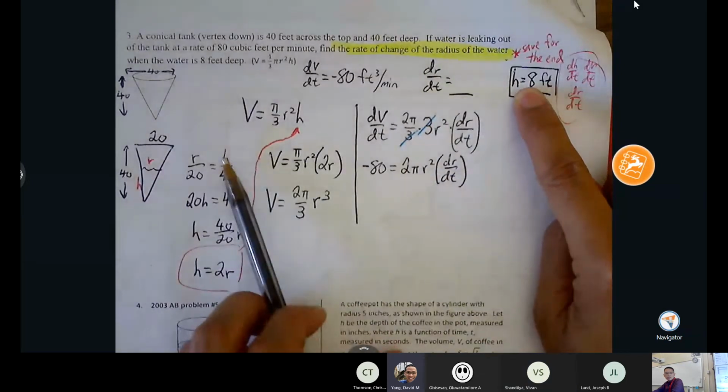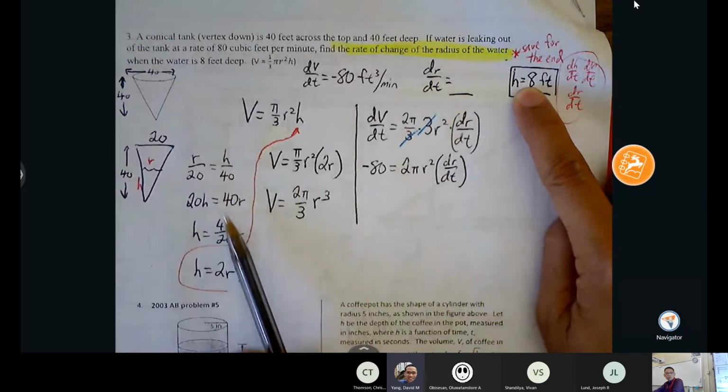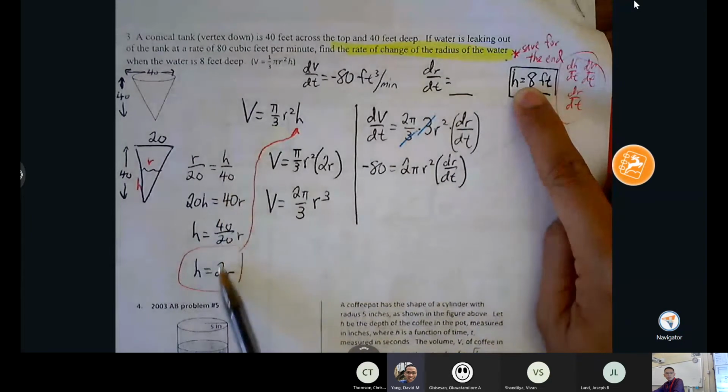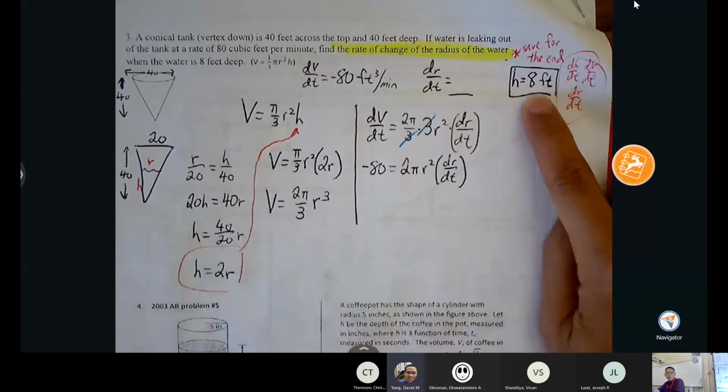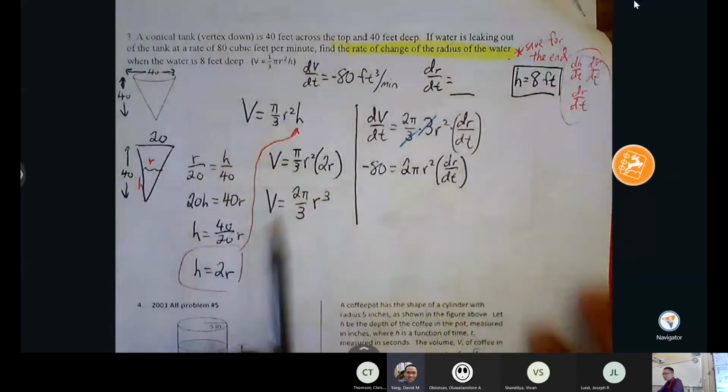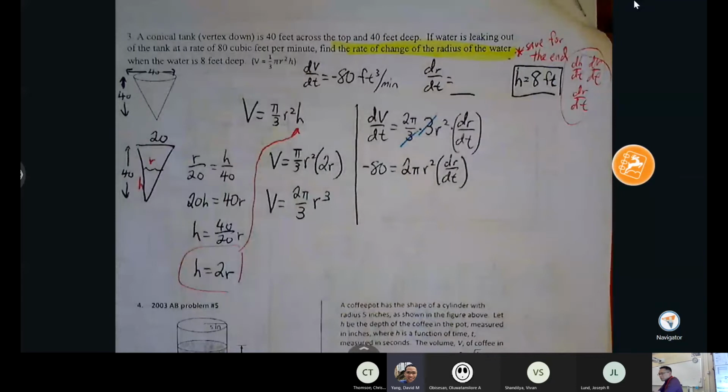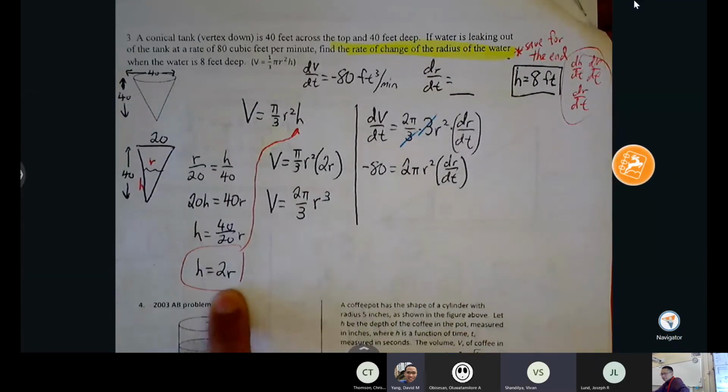You can plug it into the proportion. So basically you can use any of these. You can use this one or this one or this one or this one. Any of these will get you to what we want for r. So which one do you want to plug into? h equals 2r. Okay, let's do that.